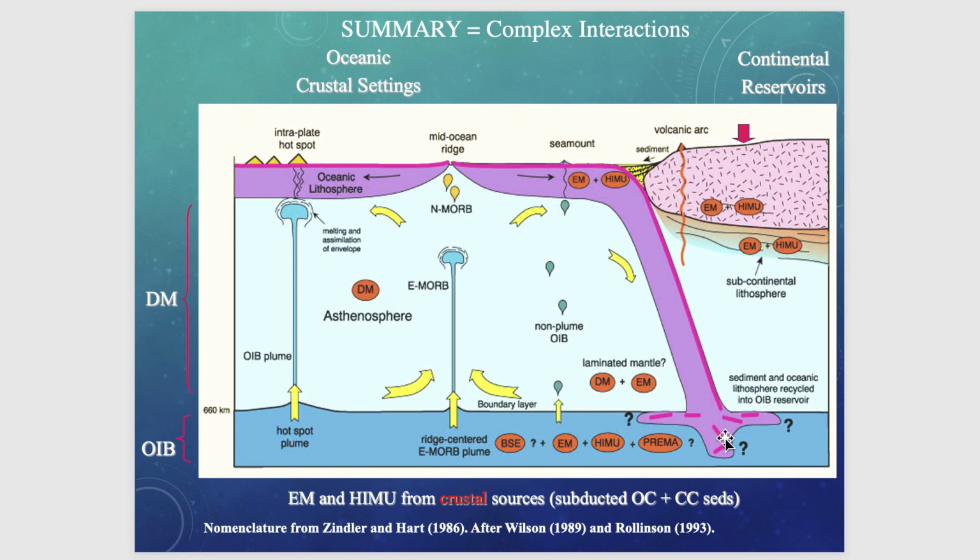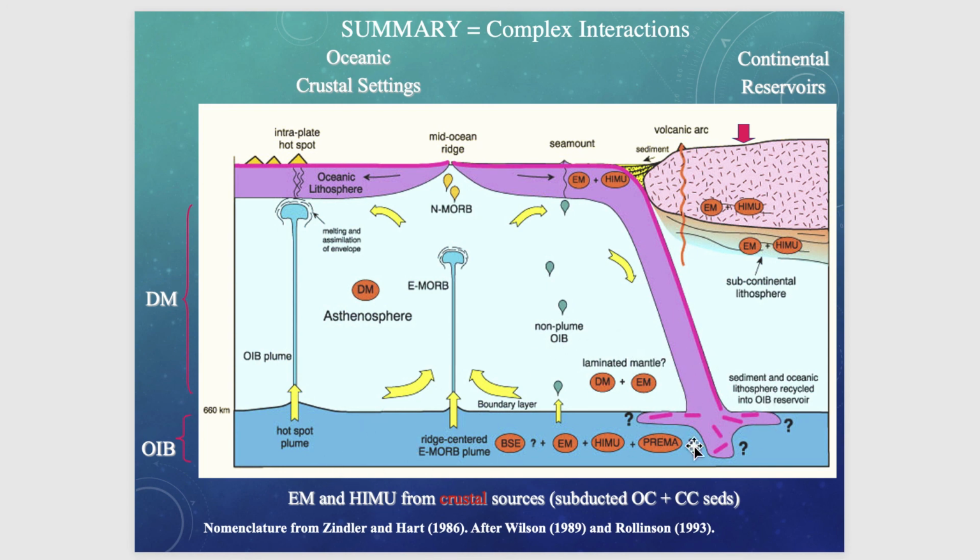So the final concept is the idea of transporting sediment and oceanic lithosphere that then get recycled into the OIB reservoir. These are really complex processes, and there is still abundant research, which explains why we have plenty of question marks in some of these parts.